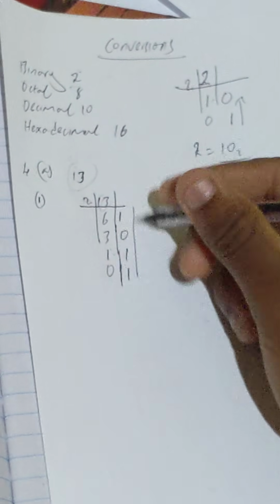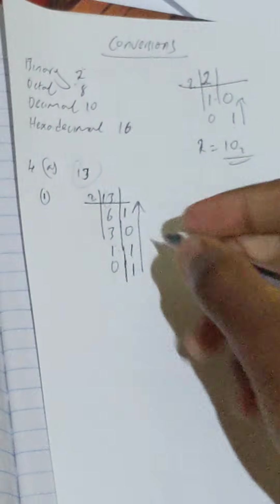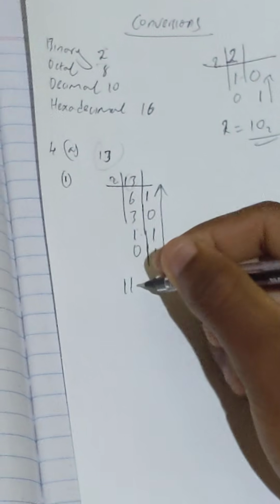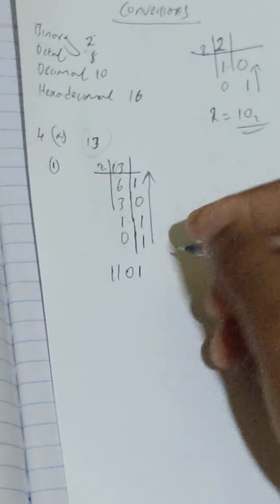Now you write your numbers from bottom to top. So we're going to have 1, 1, 0, 1 in base 2. So that is your number in binary. So when you come to this table, you're going to see that 13 is what?